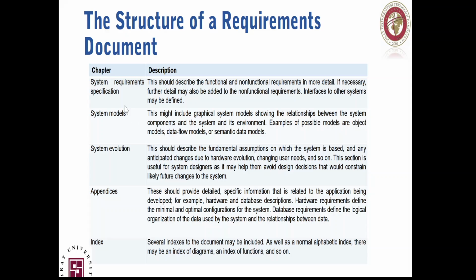Then we have system models. We usually use graphical representations of the models of the system, and how we display the relationship between system components and the system environment. So it's about interaction. We see the relation between the system components and also between the system and its environment. Sometimes we use object models.